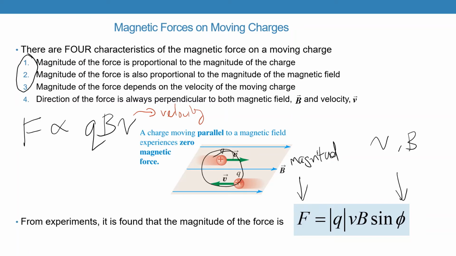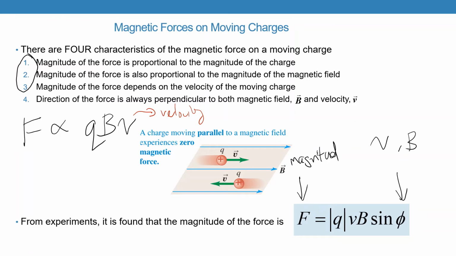Let's see an example. We have here two charges Q. The first charge is moving to the right and the second charge is moving to the left. The magnetic field is also to the right. So the velocity and the magnetic field are parallel to each other. What is the angle between them?